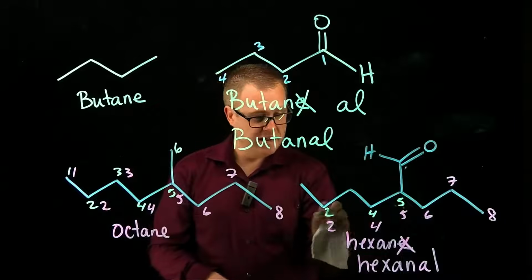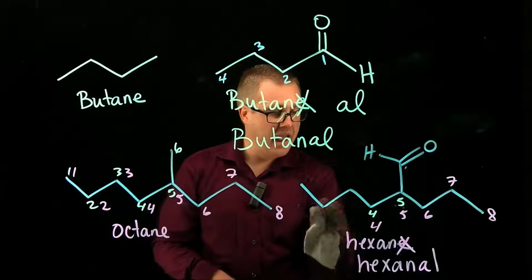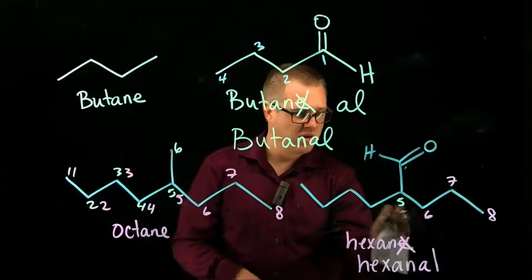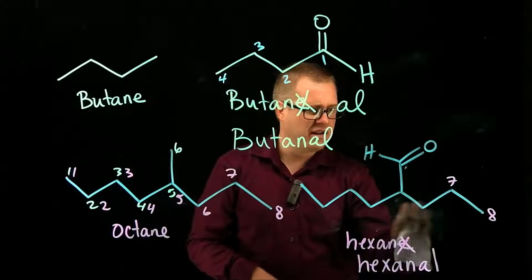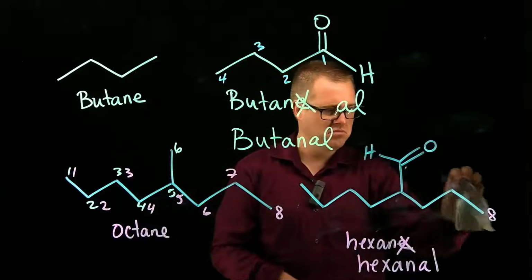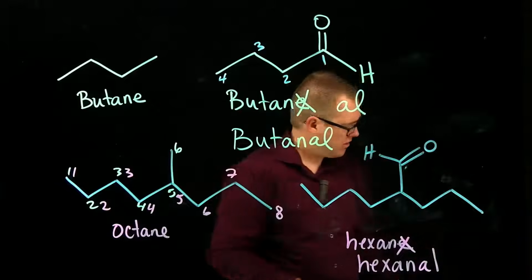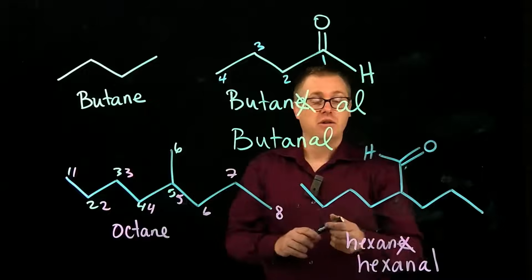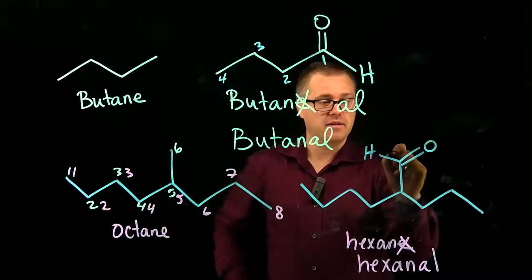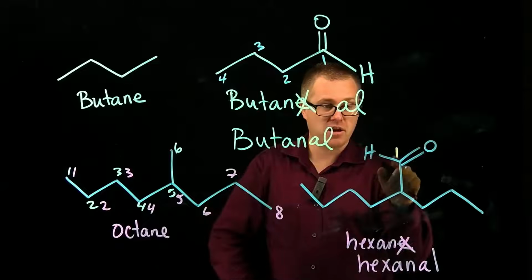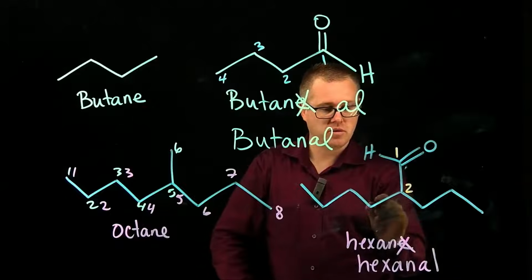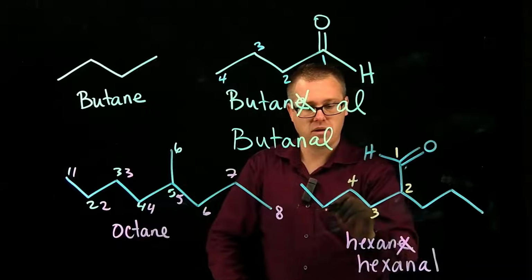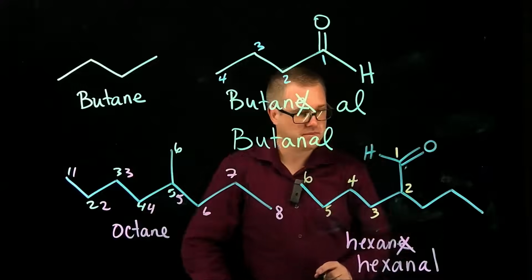So the numbering scheme in the pink and green numbers were just used to figure out the longest carbon chain. Now, I'm going to number the longest carbon chain the proper way, starting with the carbonyl carbon as number 1, 2, 3, 4, 5, and 6.